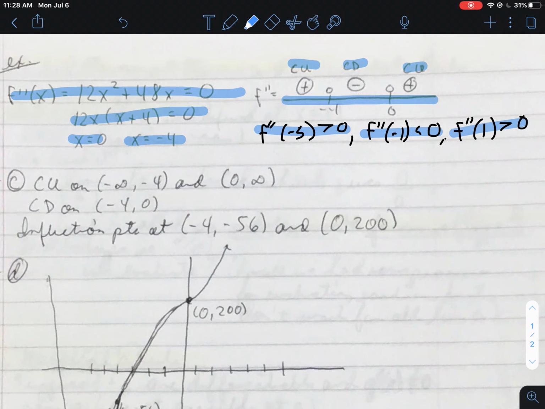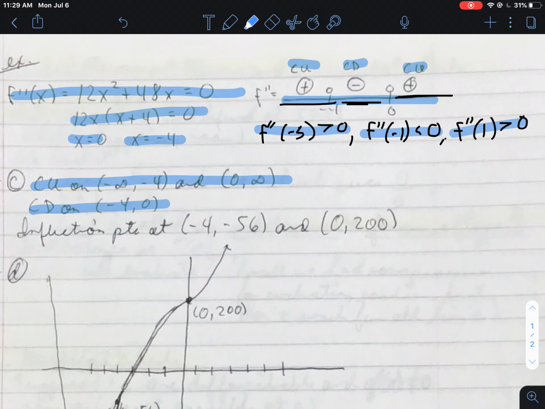So there are our intervals of concavity. We're concave up on the interval from negative infinity to negative 4. We're also concave up from 0 to infinity. And then we're concave down in between, from negative 4 to 0.